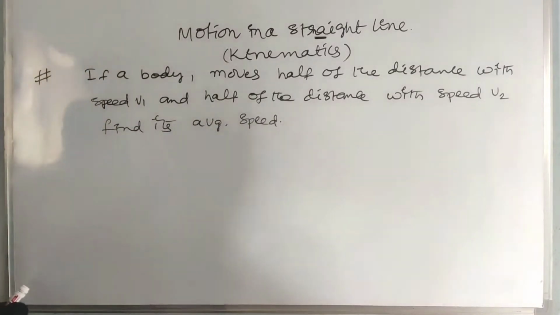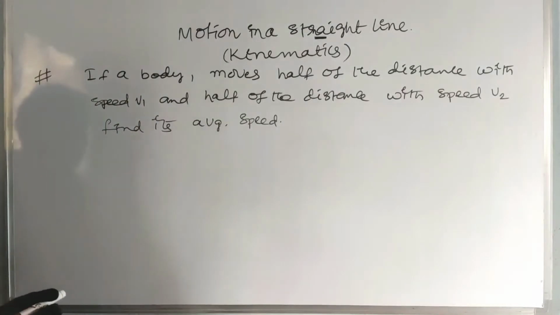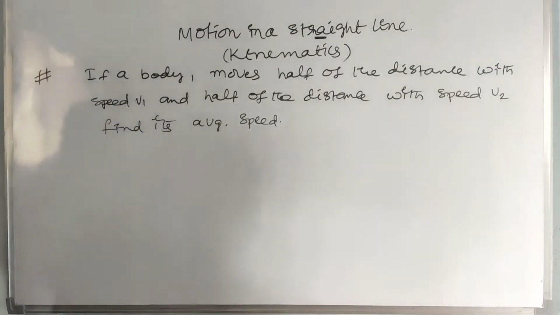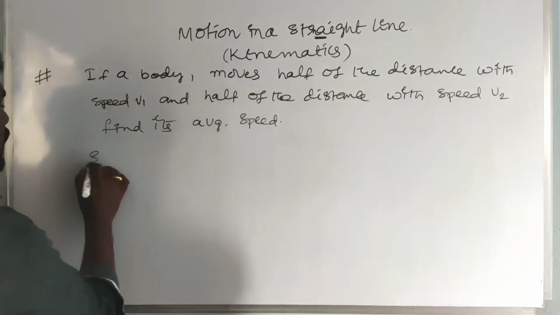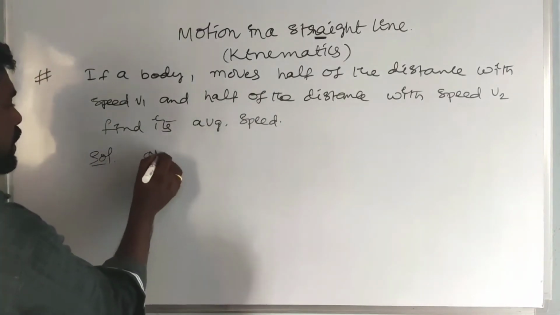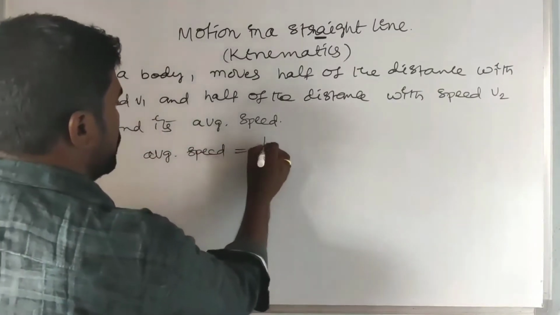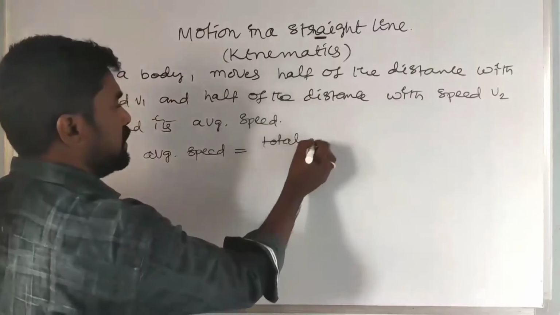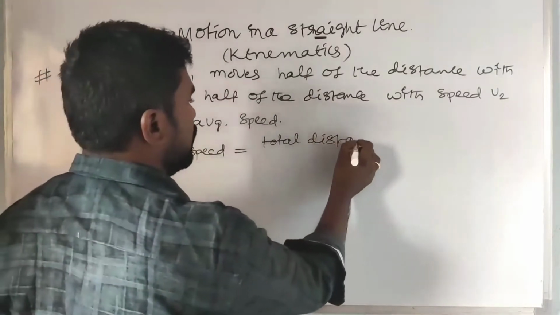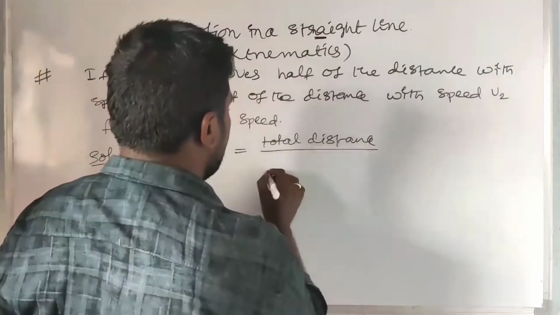Already you know that average speed is equal to total distance by total time.